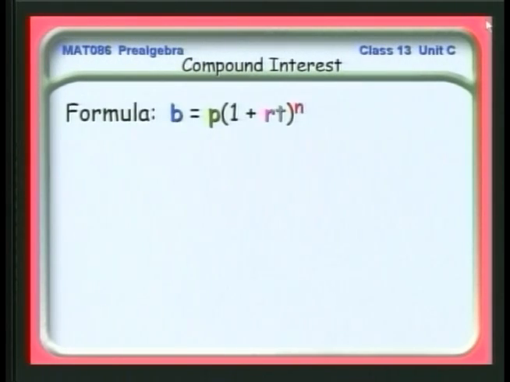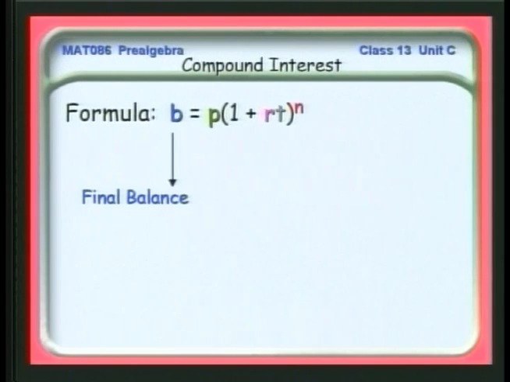Let's see how this works algebraically. The formula we can derive for compound interest is this. The final balance is the principal times the quantity 1 plus the rate times the time, the whole business to the nth power, where n is how many times you compound it.